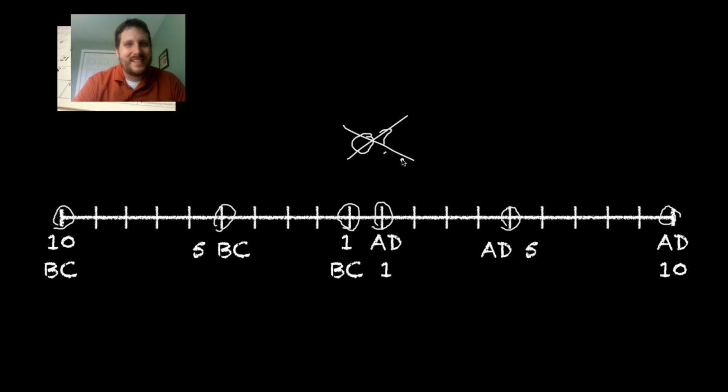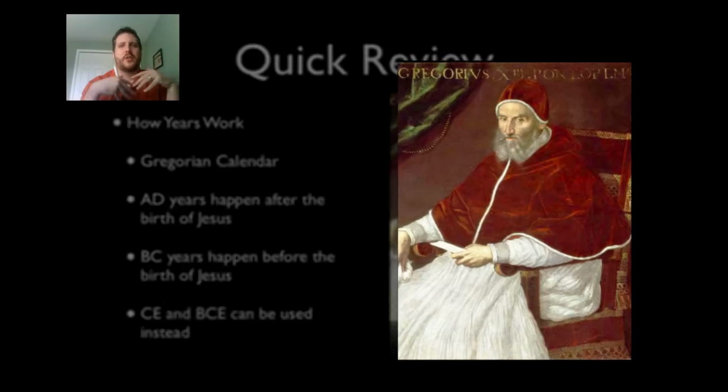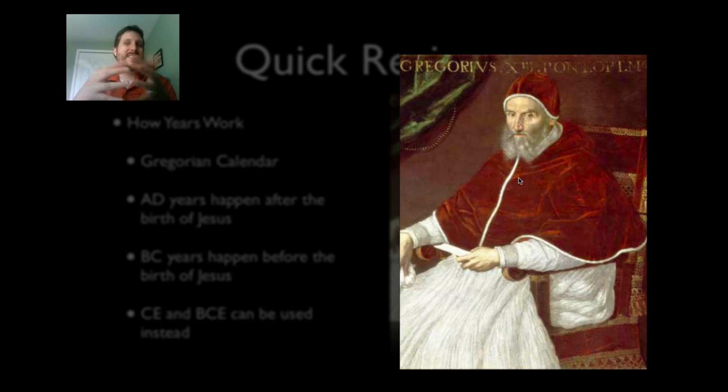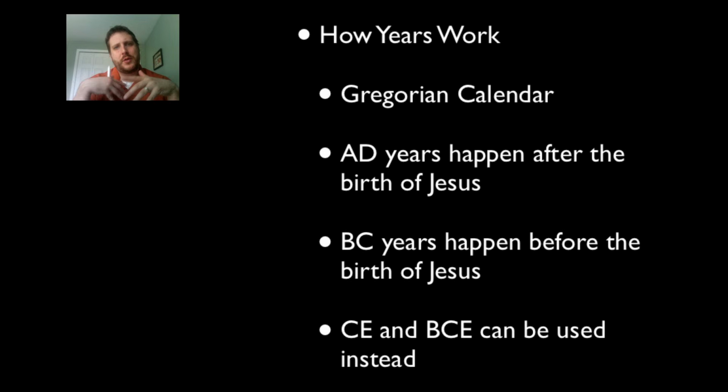This whole video has been a little bit about how years work, and you've got Pope Gregory right here, the guy who created the calendar we use today, because he was Christian, and people who kept track of the calendar before him were Christian. The years are organized around the birth of Jesus, and they're separated into two big categories.